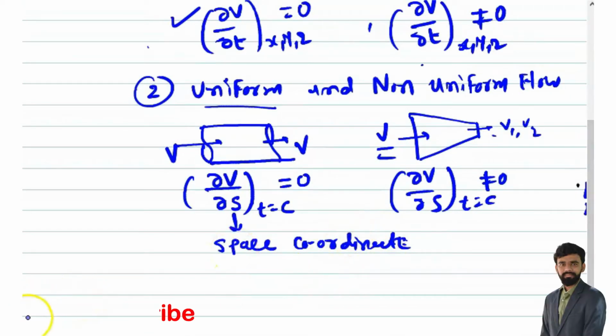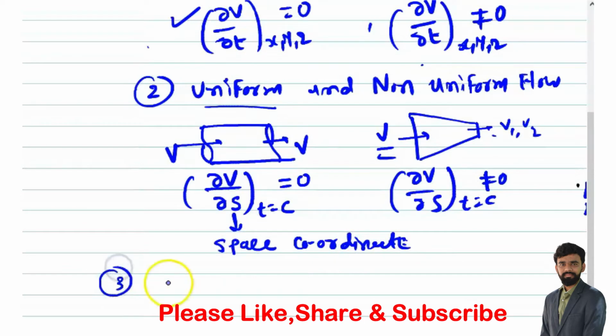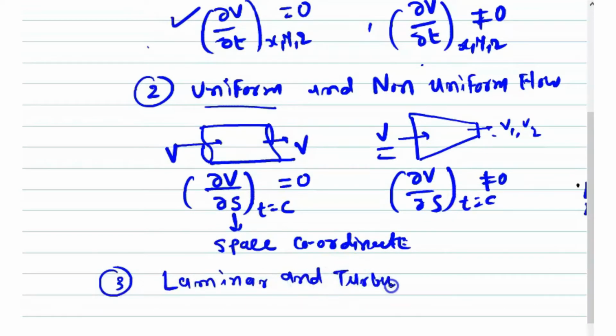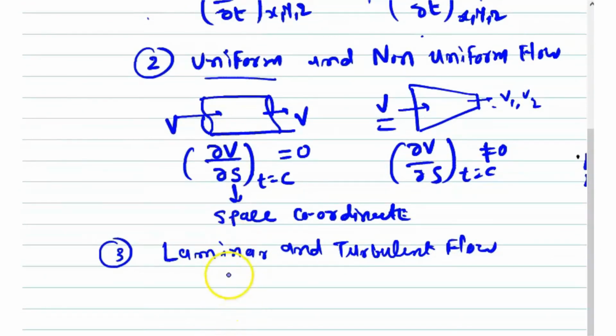Now, the third is laminar and turbulent flow. In laminar flow, there is layer by layer flow of fluid.